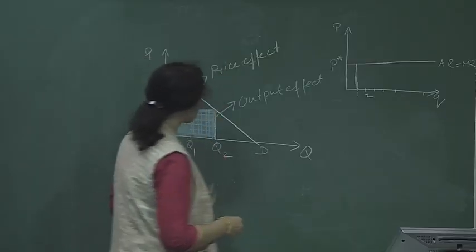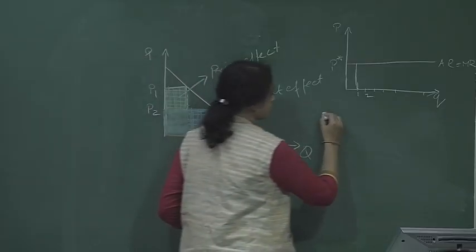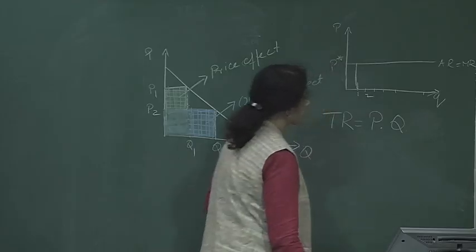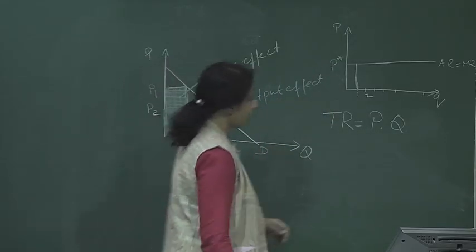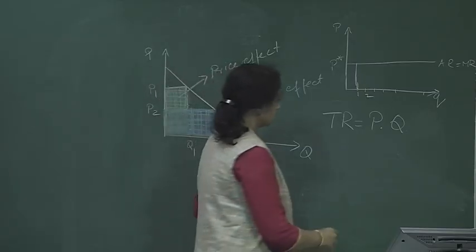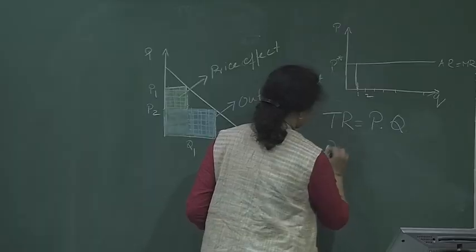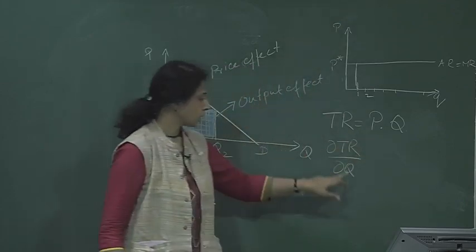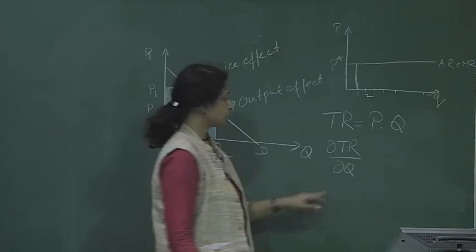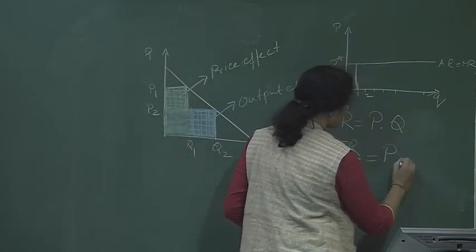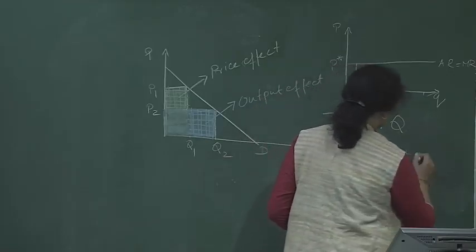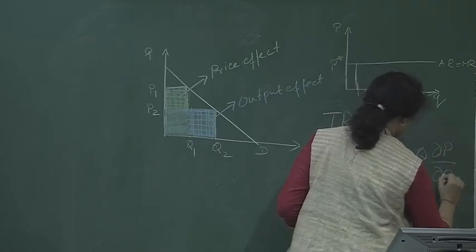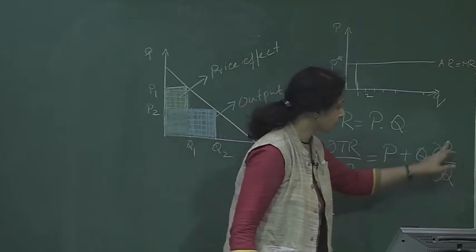Let me show it mathematically also. Say total revenue is equal to P into Q. So, del TR del Q, which is marginal revenue, is equal to P plus Q into del P del Q. Why are we having del P del Q here?